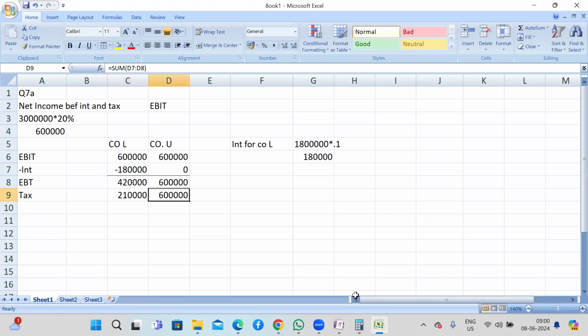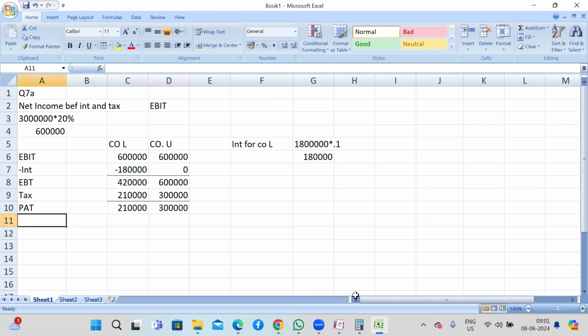Here it is 6 lakhs into 0.5, that means 3 lakhs. So earnings after tax, that is profit after tax: 4,20,000 minus 2,10,000 is 2,10,000, and here 6 minus 3 is 3 lakhs. This is my profit after tax.